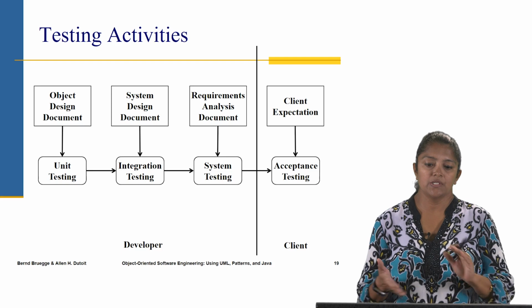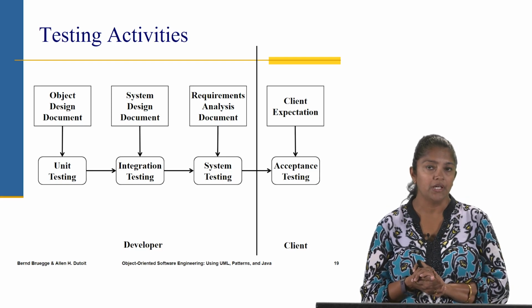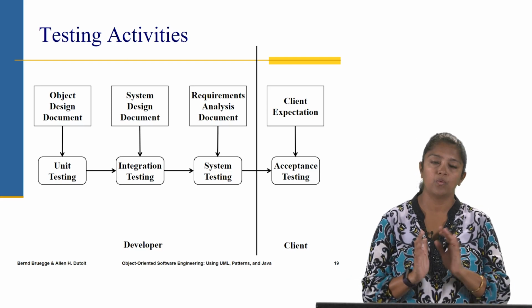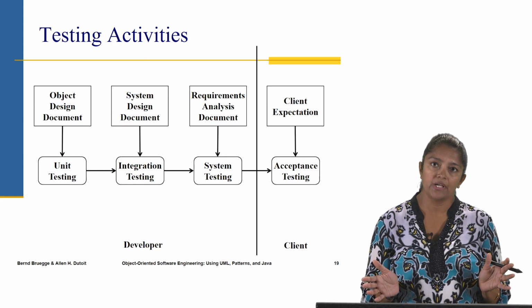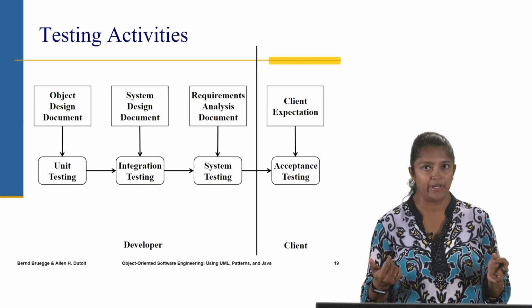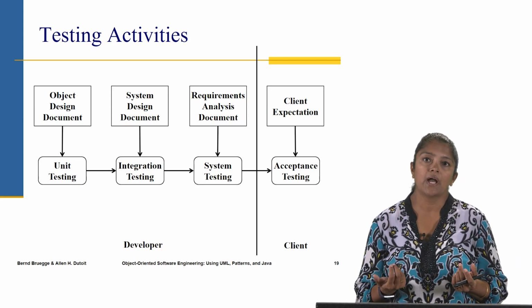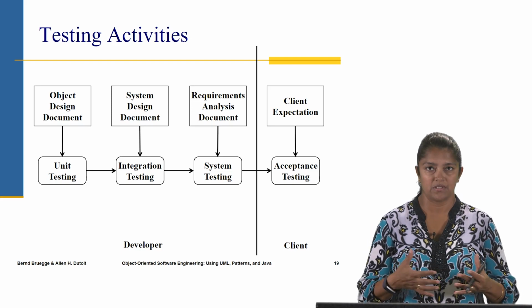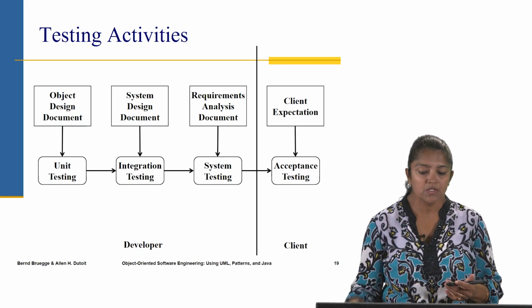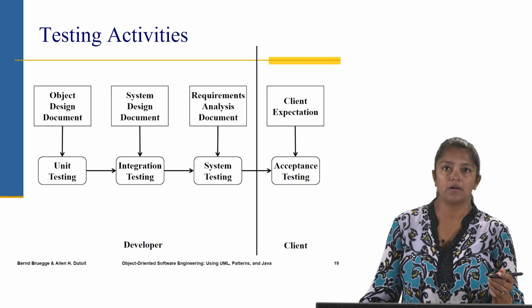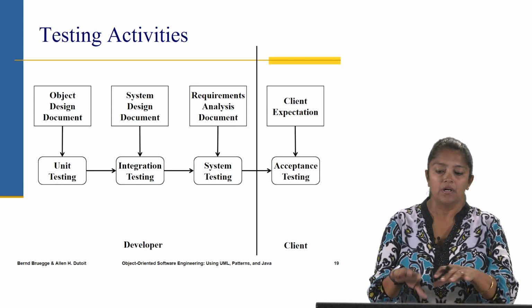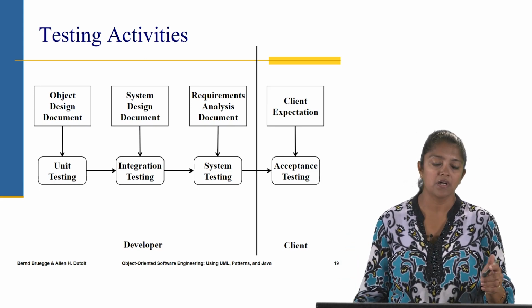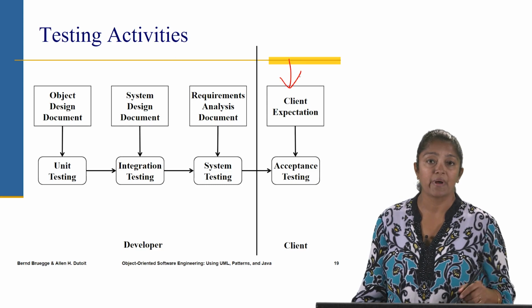So with that said, we looked at the terminology, and we understood some of the different ways in which we can handle faults and failures. The next thing we'll look at is some of these testing activities. Typically, software development in general starts with client expectation.